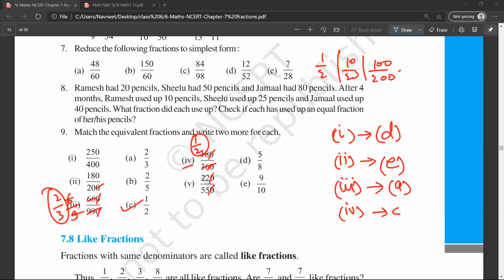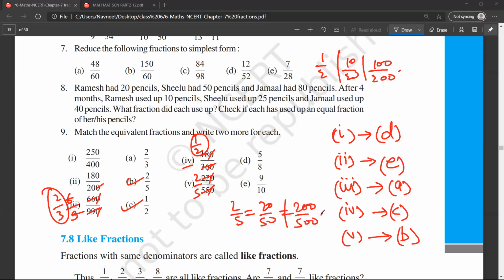Last is 2 by 5. So fifth gets matched with B. Sathak, is there a problem? No, sir. 2 by 5 is equal to 20 by 50 and 200 by 500. Is there a problem? No, sir.